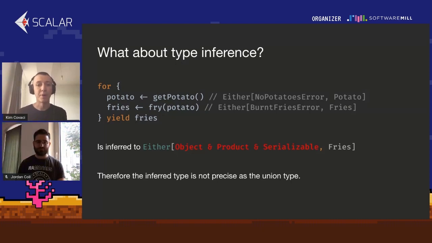And this is a counterpart of Product with Serializable, but in Dotty. Therefore, we can use union types on the left side of Either for free in Dotty, but we need to always provide this in our declarations. Otherwise, we will get a wider, less precise type.